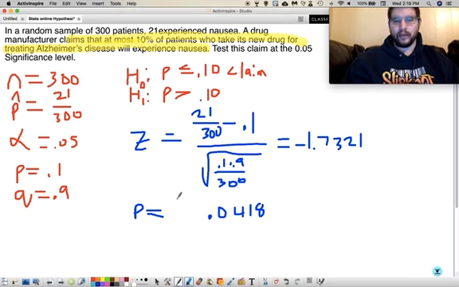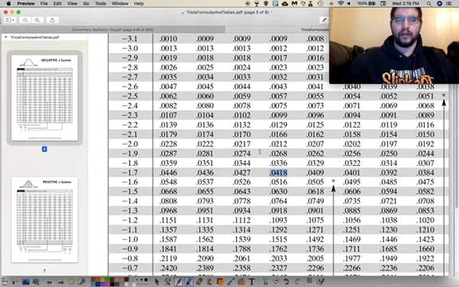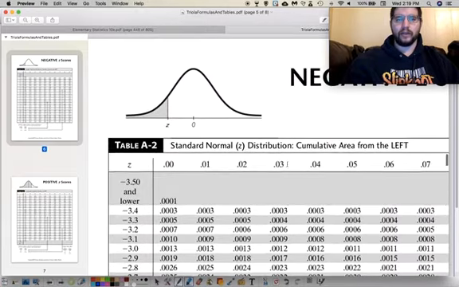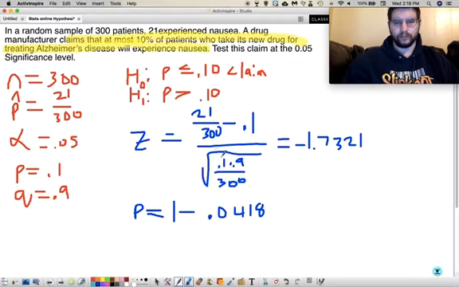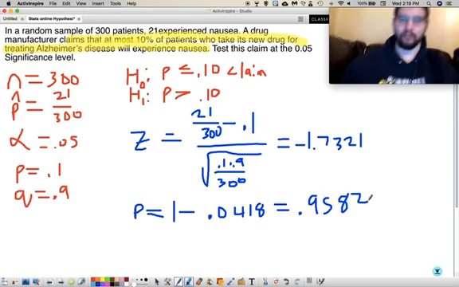But again, we're going to have to do 1 minus that so that we can look at the area to the right of that test statistic. P is 0.9582. That's a big p-value.